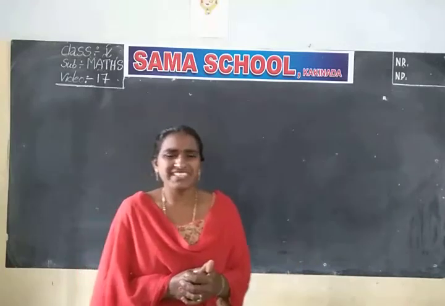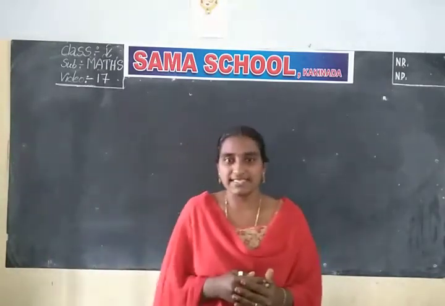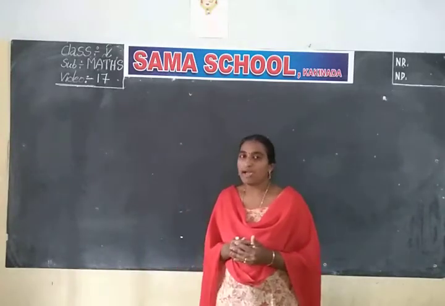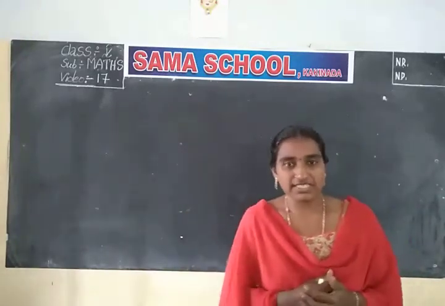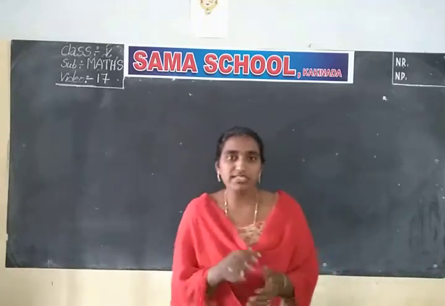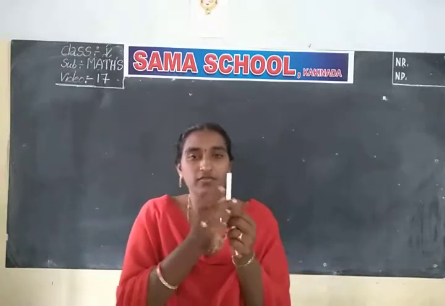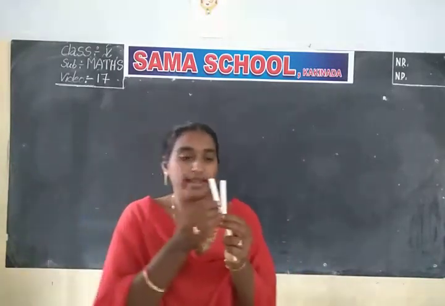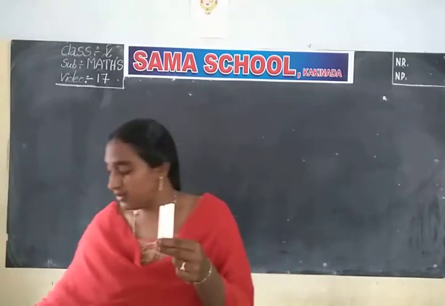See children, this is not a new topic. Already you have learned it in the previous class. I think you have an idea what the 4 basic operations are. Okay, I will show you some chalk pieces. You tell me, here is one chalk piece and another one. Another one.